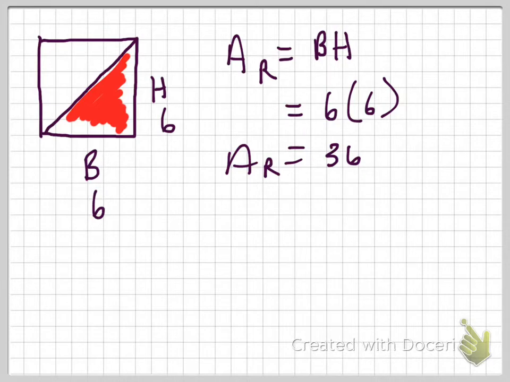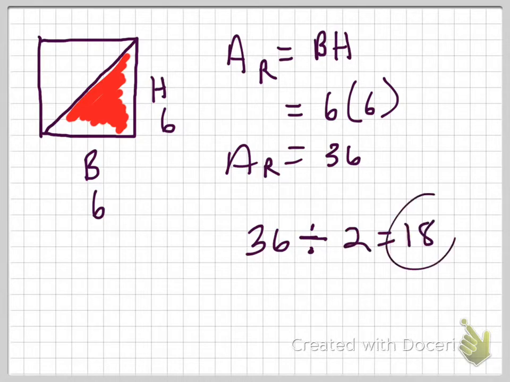What if I wanted to find out the area of just that red portion? Well, I could take the whole area, which is that 36, and divide it by 2. I'm splitting it in half. And that would give me 18. So that tells me that the area of this part is going to be 18.